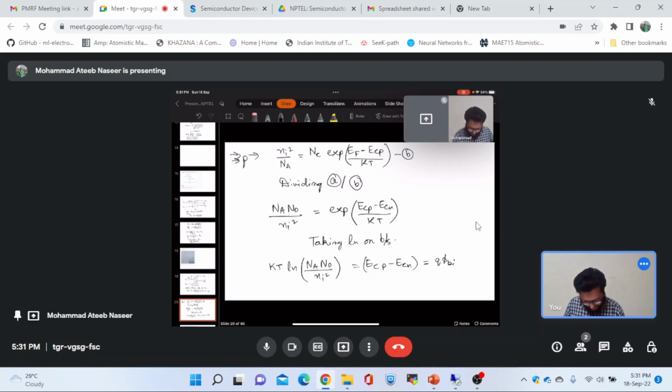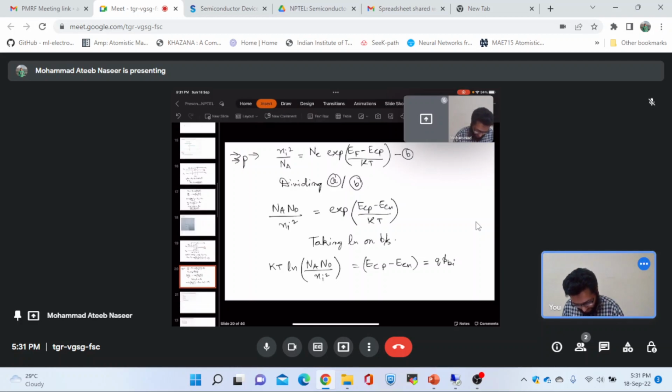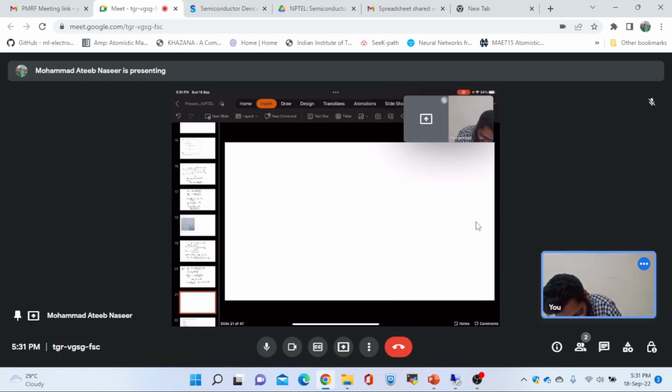Simple. Let me put the values for these. kT by q ln of NA ND by ni square will simply be equal to this phi BI.